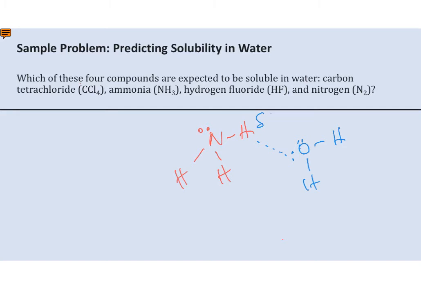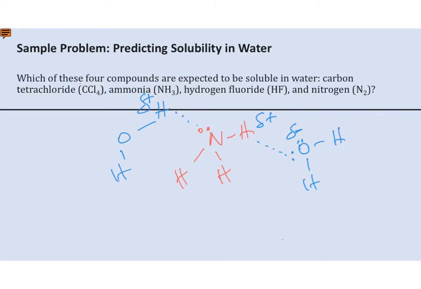So the partial positive hydrogen on one of them would associate with the electron-rich oxygen on the other. And then we could do the same thing with a lone pair on nitrogen. Show it associating with the partial positive of another water molecule. Okay, anyway, so they are very fond of one another and very soluble in one another.